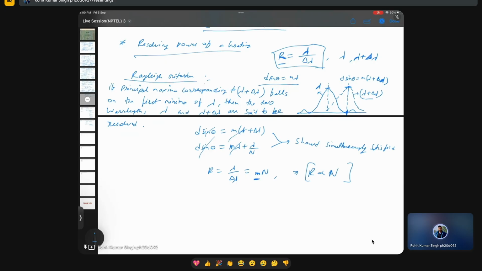Is this fine, or is there any doubt? Did you understand what I mean by resolution? You can look at the diffraction pattern and say, okay, the principal maxima corresponding to these two wavelengths are separated from each other, like resolved. That is what resolving power means. You can tell clearly that there are two separate wavelengths.